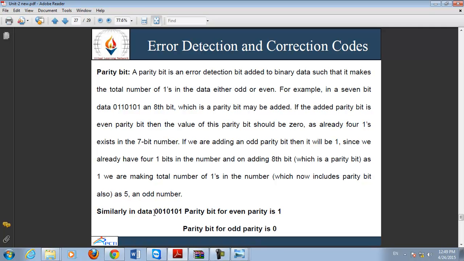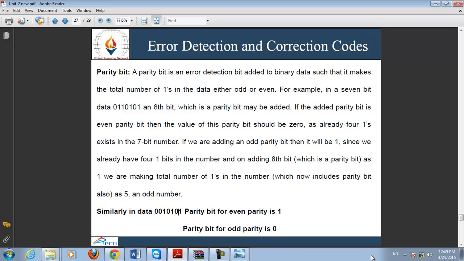If the receiver receives, for example, 1, 1, 1, 0, 1, 0, 0, 0, the 0 denotes odd parity, but if the receiver finds 4 ones instead of 3 ones, then the single bit error will be easily detected by using this parity bit. So in this way, parity bit is used to detect a single bit error.